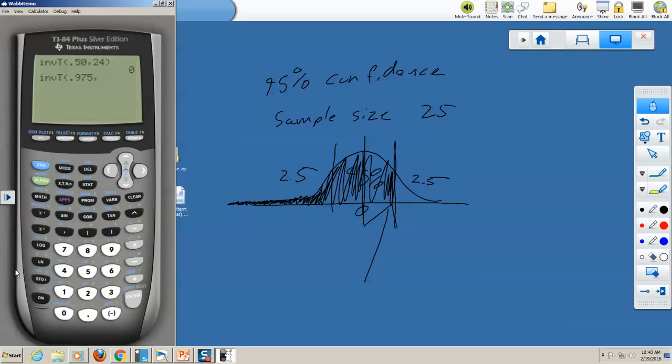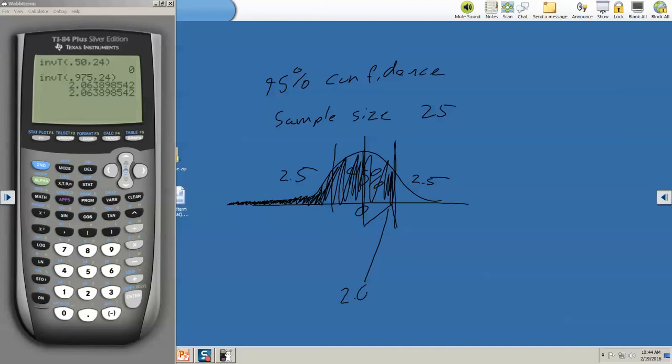And because this is a T model, I need to enter my degrees of freedom, which is 24. And that's going to give me 2.06. So the critical T value right there is 2.06, and that is what you would use as the critical T in your confidence interval.